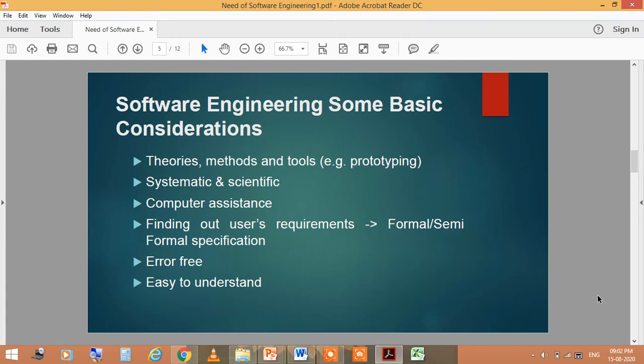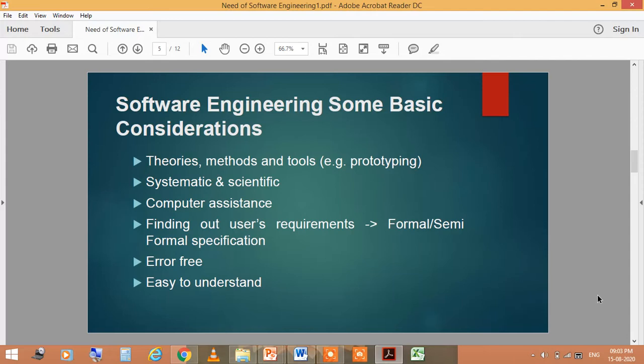The next, which is very important, is that it should be easy to understand. If the engineers develop software which is not easy for the users, meaning the client or the people using it, I think it is of no use. Why are we using software or applications?